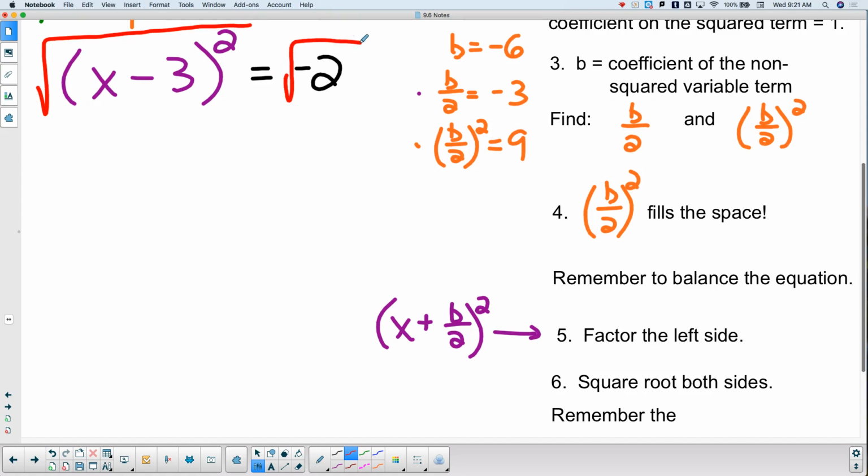We've got to remember the plus or minus. So what is the square root of x minus 3 quantity squared? x minus 3. Don't forget the plus or minus. What is the square root of negative 2?